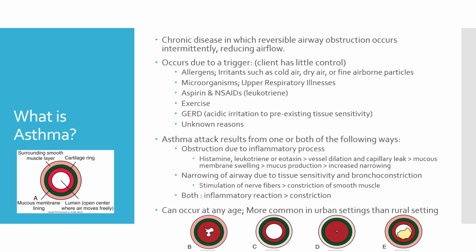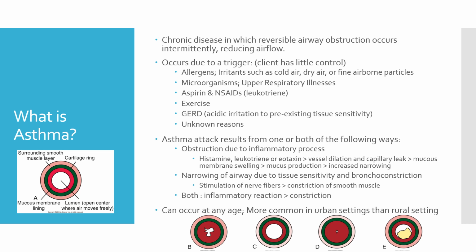Okay, but you see now at the bottom pictures with B, C, D, and E, this is what happens. So then we have the mucous membrane lining where it swells up in B. We have C where everything is okay and normal-ish, but it's still a little concerning with that red mucous membrane, but we still have an airway. Whereas with D, it is so swollen and constricted that we're not moving any air.